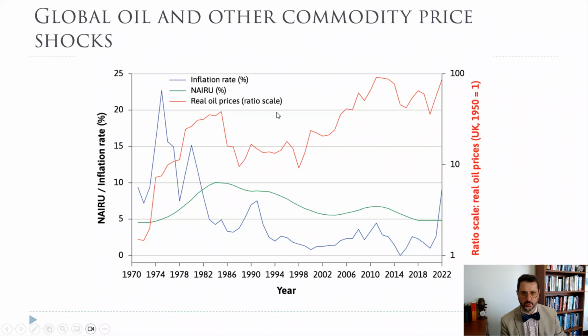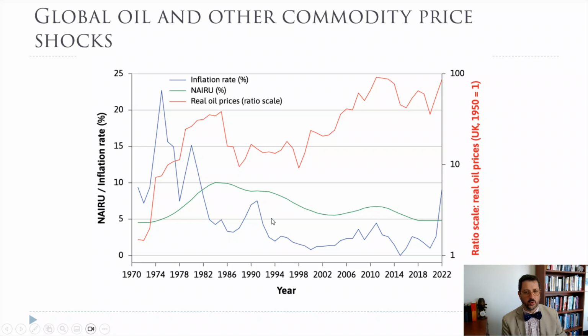And so we can see real oil prices on a ratio scale or log scale on the right in red, and changes in the NAIRU or that supply side unemployment rate in green, and then our inflation rate in blue. And so you can see we've had increases in the inflation rate related to increases in the price of oil.